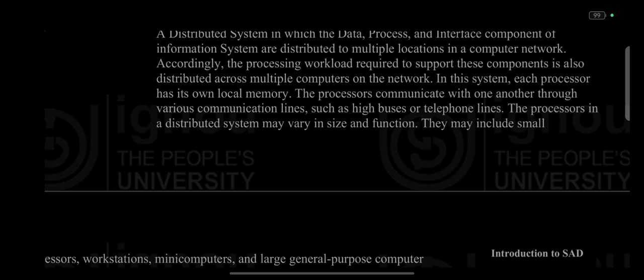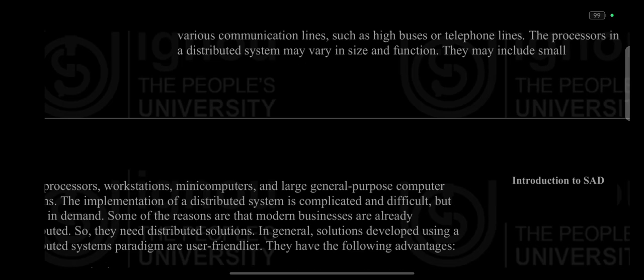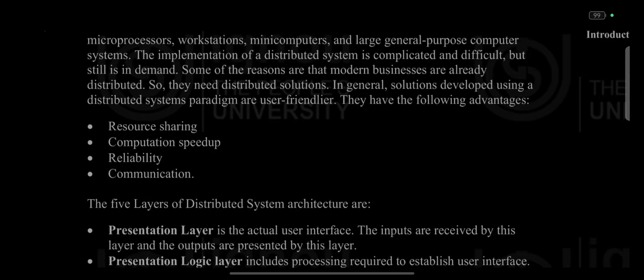The processors in a distributed system may vary in size and function. They may include small microprocessors, workstations, minicomputers, and large general purpose computer systems. The implementation of a distributed system is complicated and difficult but still is in demand.